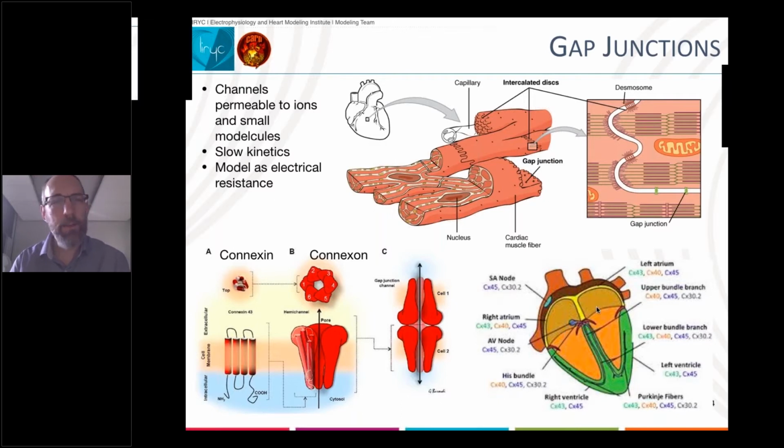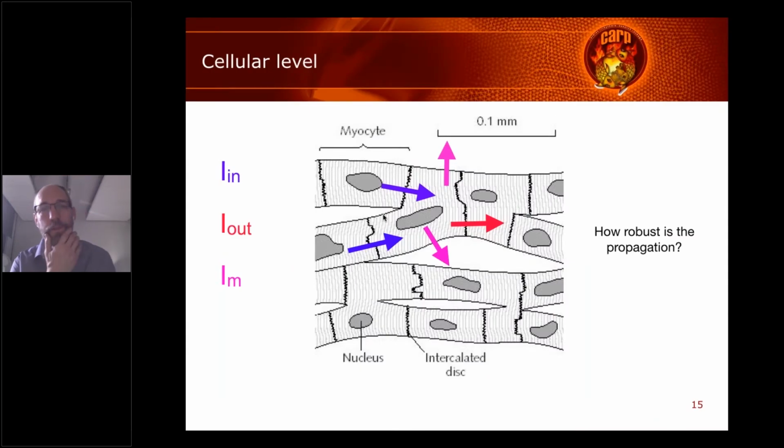So these are the gap junctions. They basically provide an electrical pathway between cells. When we have propagation in a cell, for example, if excitation is going left to right, we have current from the cell that's firing into an adjacent cell downstream, which is not firing.